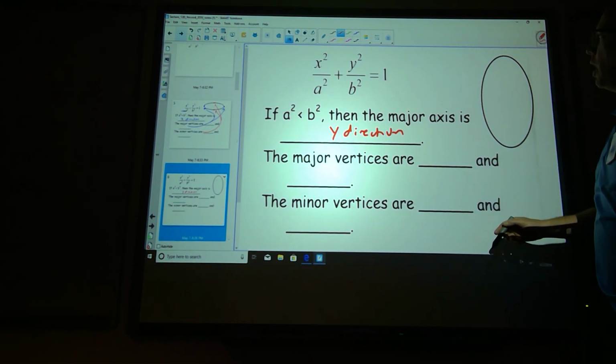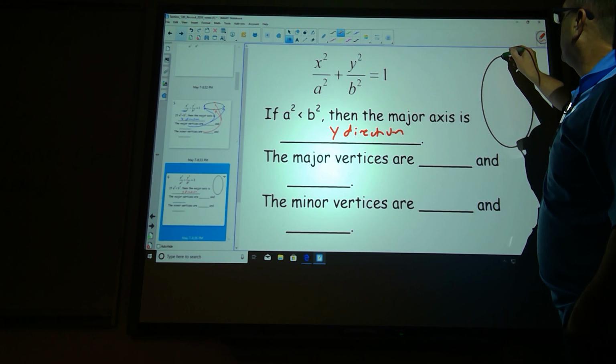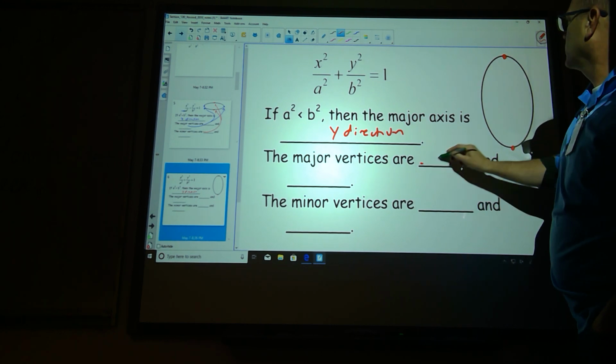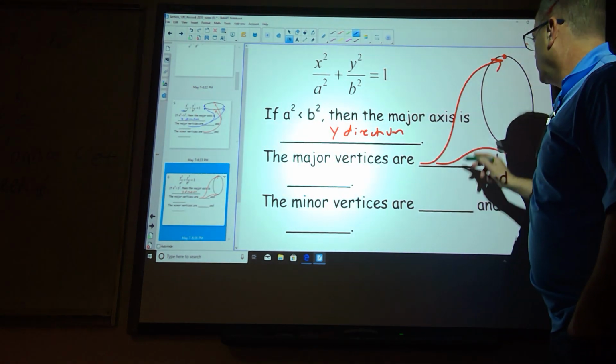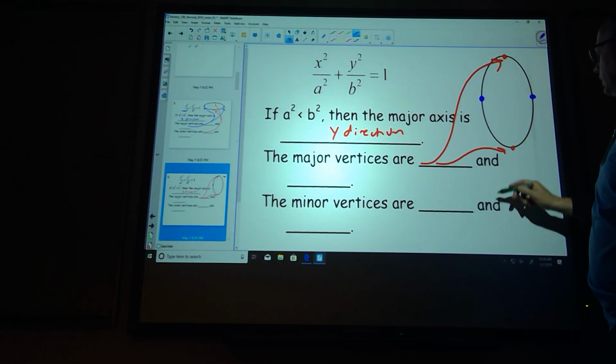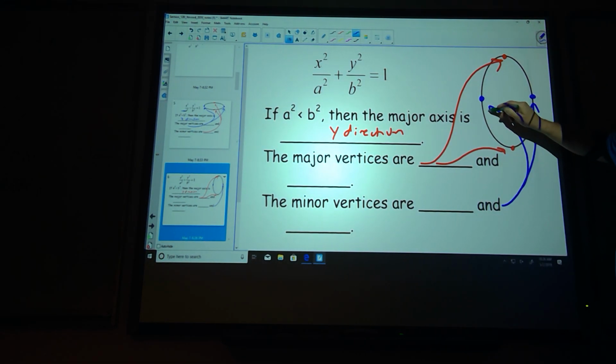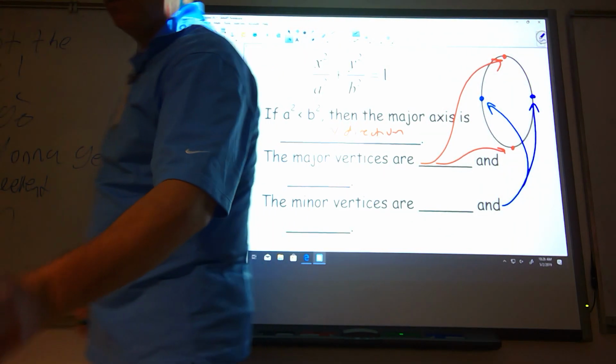Your majors are here and here, and your minors are here and here. So sometimes it stretches upward, sometimes it stretches right and left. It all depends upon what the denominator does.